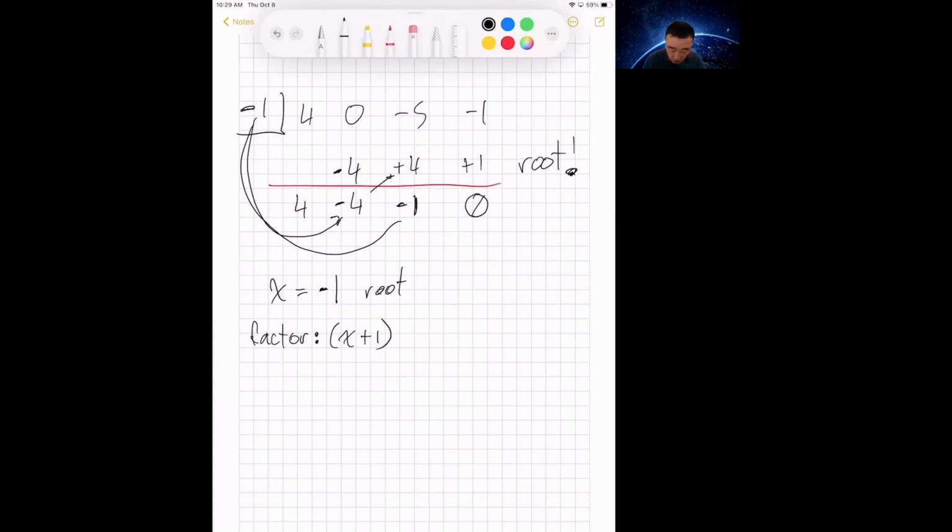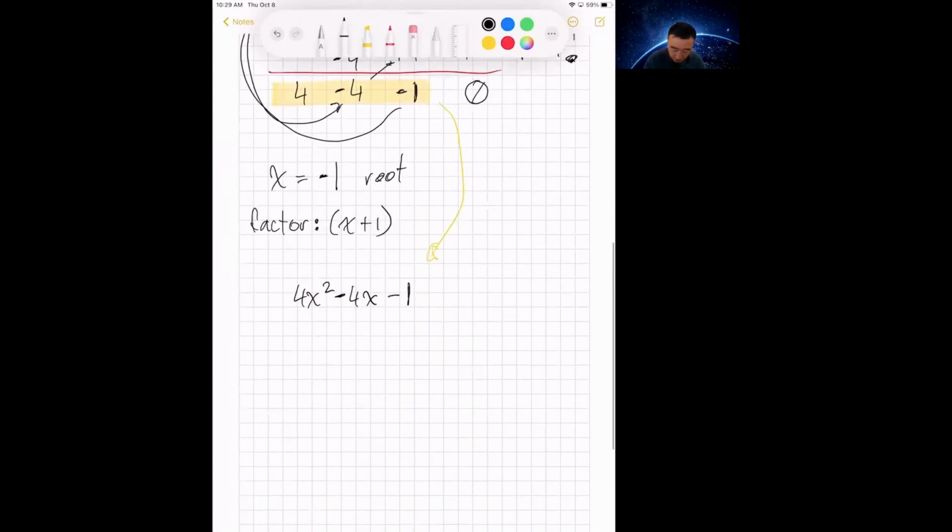Now, in order to find the other factors, we are going to use this right here, right, to get to the next one, right? So the next step is 4x squared minus 4x minus 1, and you're just going to use the quadratic formula there.